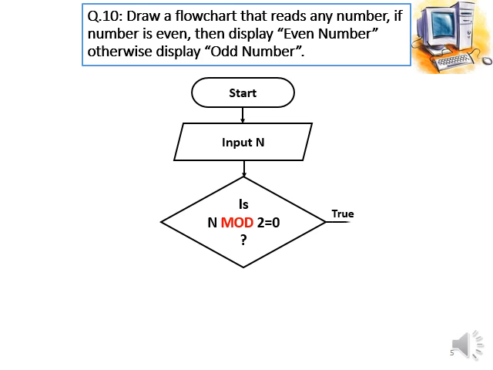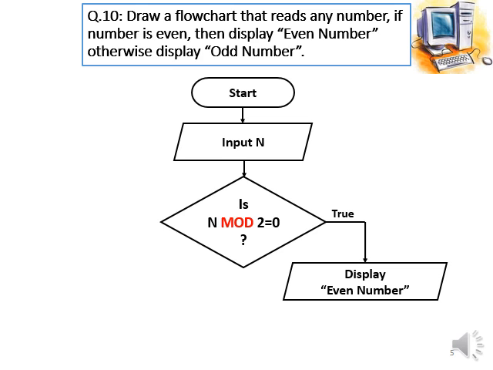So remember that the mod operator gives us the remainder when one number is divided by another number. So the first situation: if this condition is true, it means that n is divided by 2 and the remainder is 0. It means that the number n is an even number.